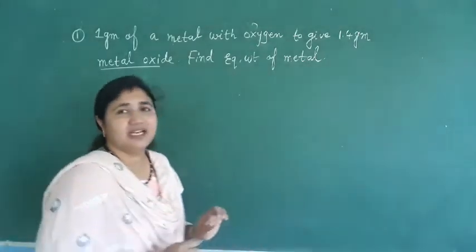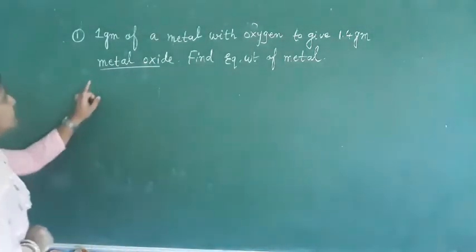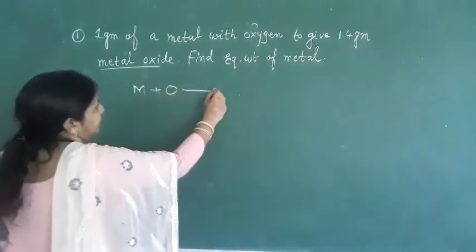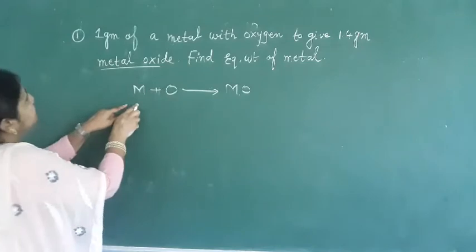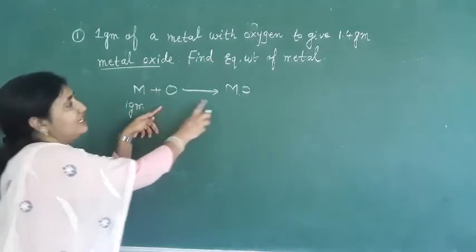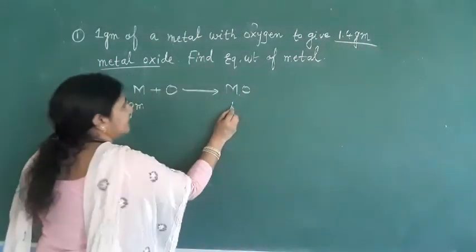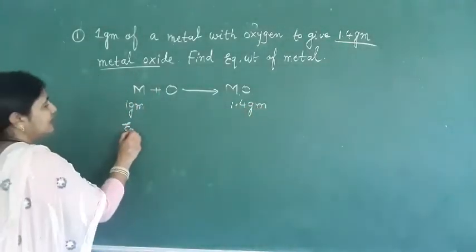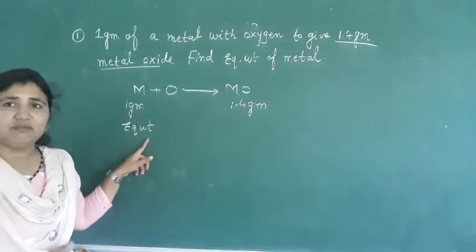That is the significance of this equivalence law. So the metal M reacts with oxygen and gives metal oxide. 1 gram of metal gives 1.4 gram of metal oxide. They are asking what is the equivalent weight of the metal.